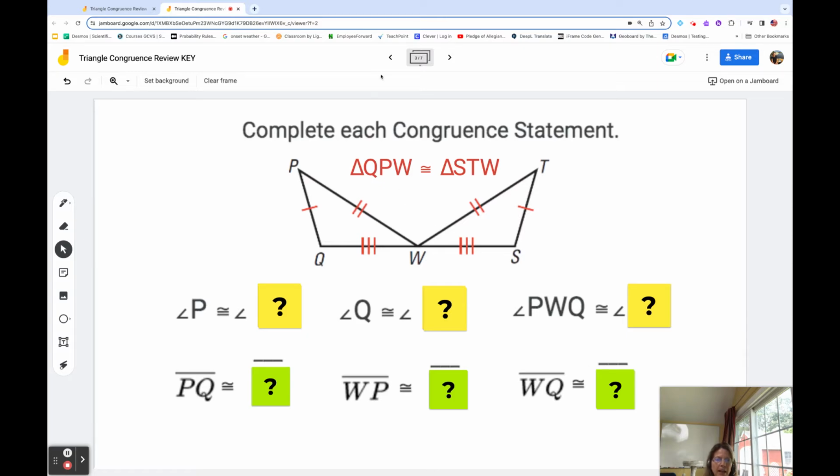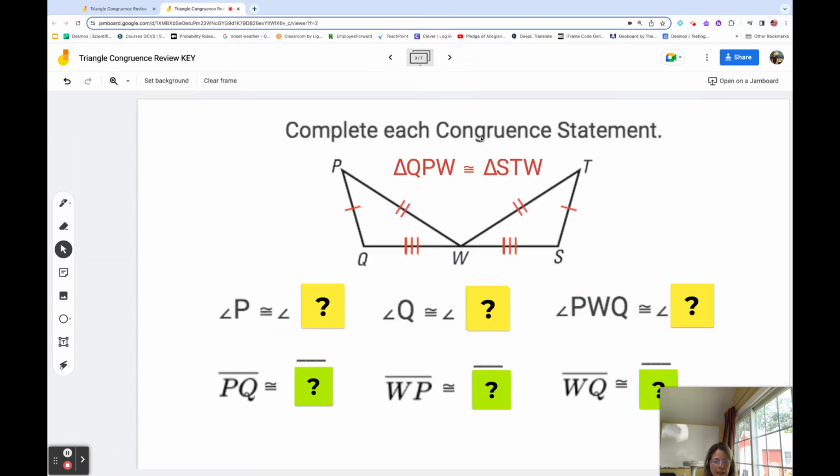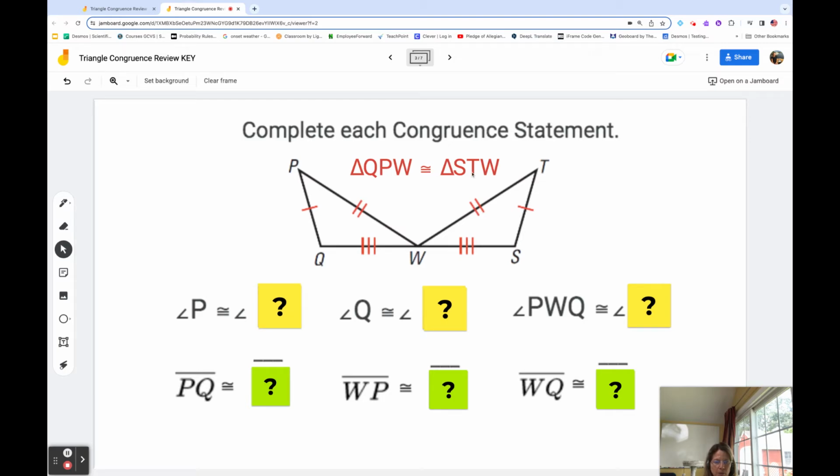And I have taken the liberty of using the congruent statement from the previous slide, writing it here in a text area, and I'm going to use not only the diagram, but this statement to help me find the corresponding parts. I'll show you what I mean. So angle P, it's the middle letter, is congruent to angle T, the middle letter.